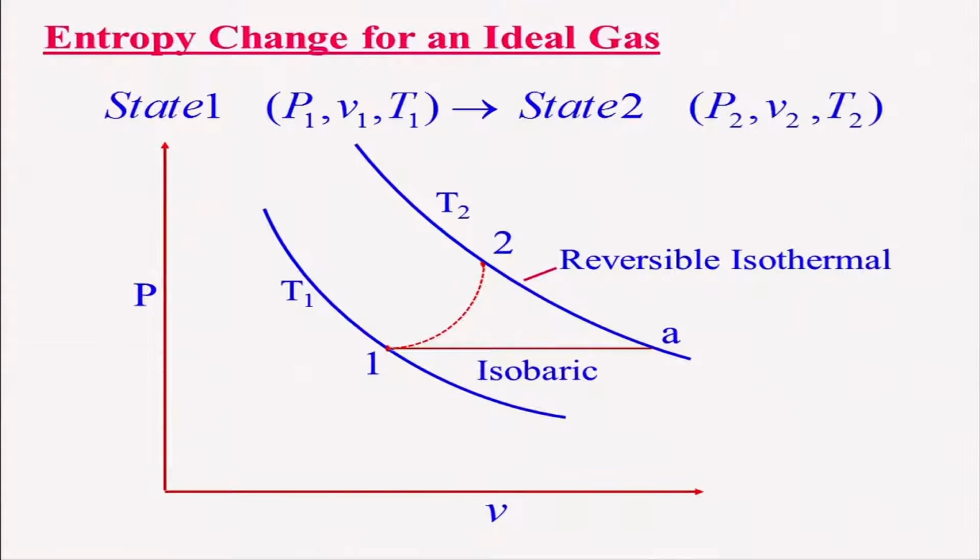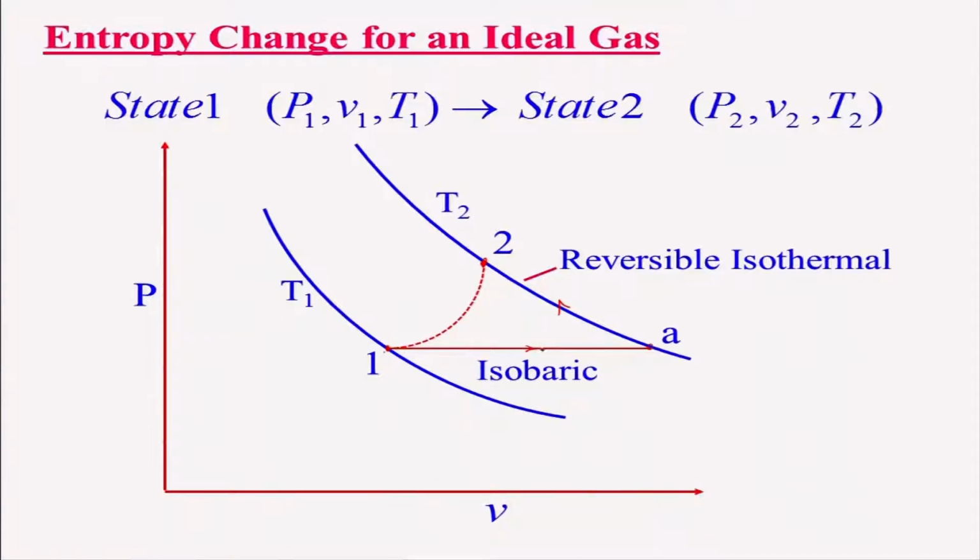The irreversible path between state 1 and state 2 can be substituted by two reversible paths. One is isobaric, from 1 to A, and then the other is a reversible isothermal path to state 2, right. I can do that because, as far as entropy calculation is concerned, I can substitute these two paths.